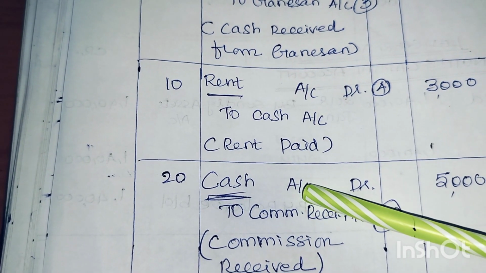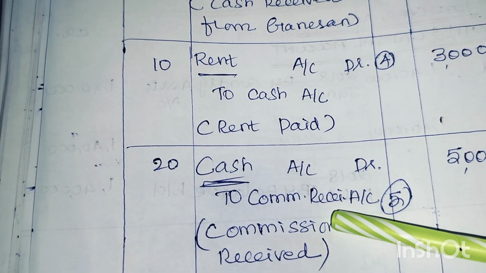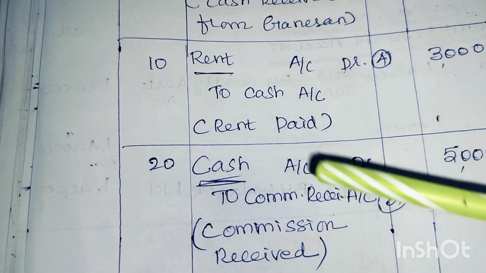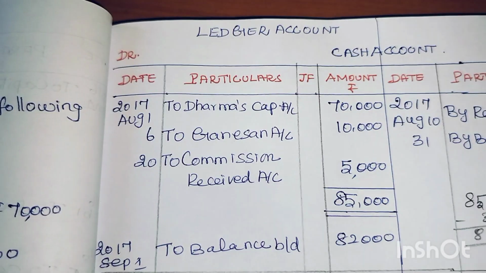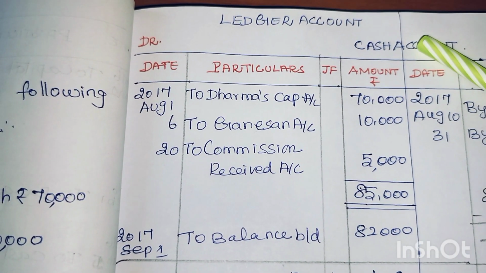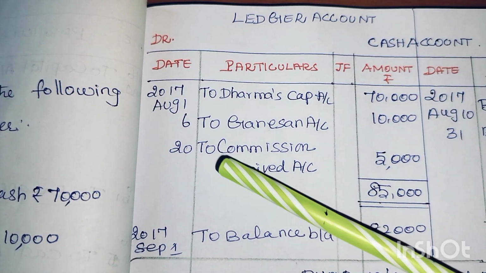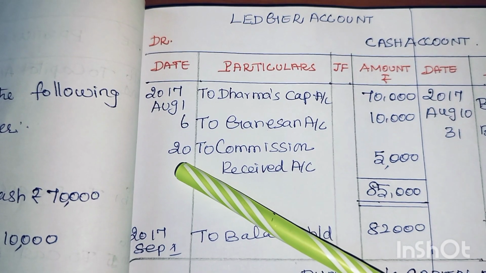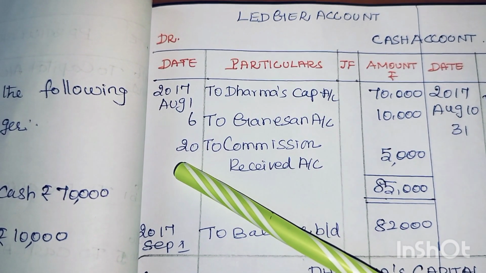Okay. What is the opposite account from the cash account? Commission received account is the opposite account from the cash account. How much rupees? 5,000 rupees. So we go to ledger account. Under the cash account, we go to debit side. Why? In the journal entry on 20th August, cash account is on debit side only.